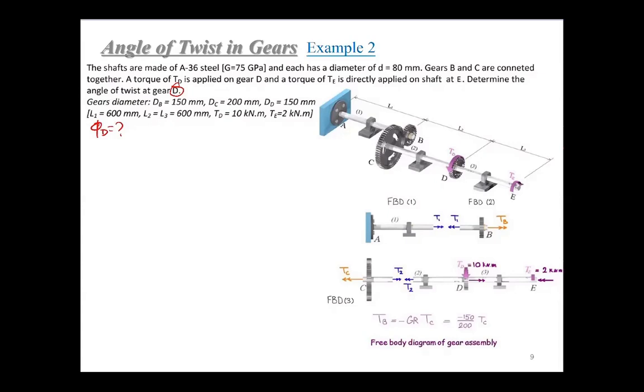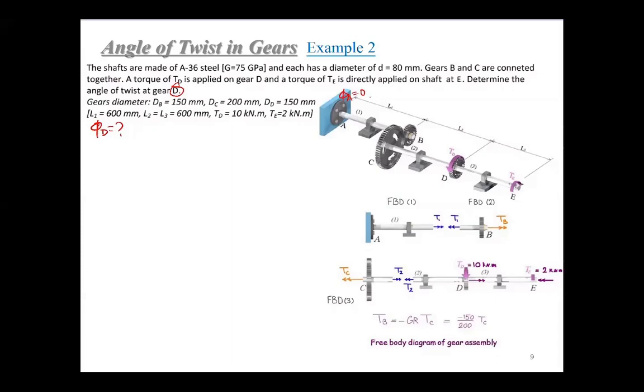Since we have a fixed end at point A, phi A equals 0.